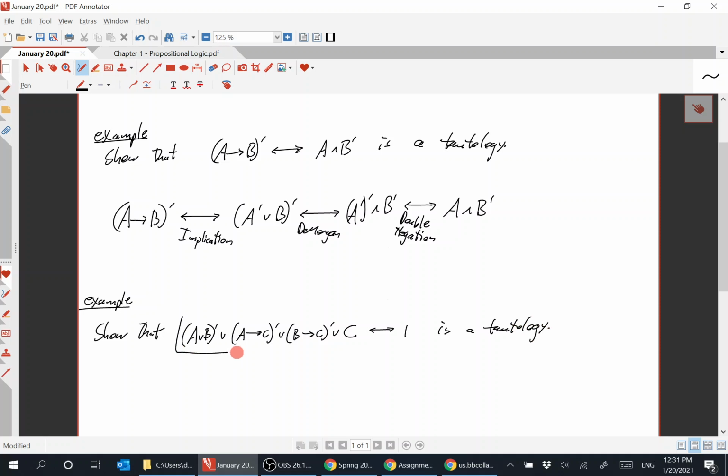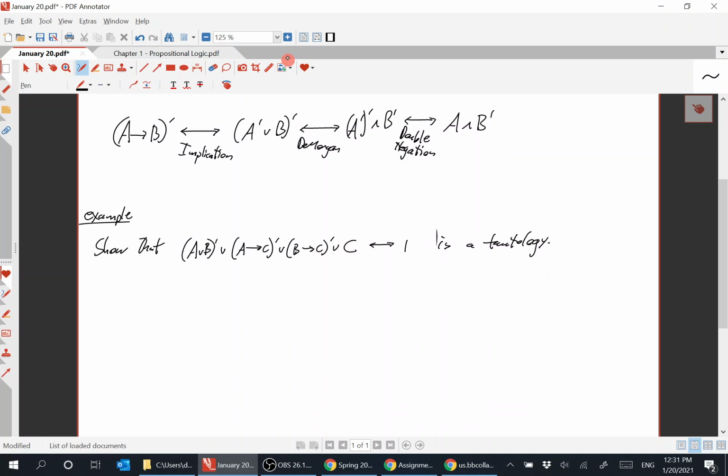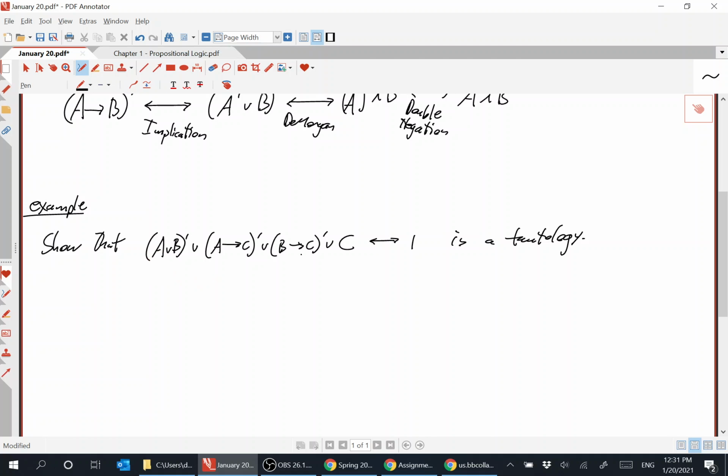In other words, this thing is always true no matter what A, B, and C are. It's a tautology if and only if the truth values on both sides are always the same, and the truth value here is always 1. So we start with this and simplify down to 1.